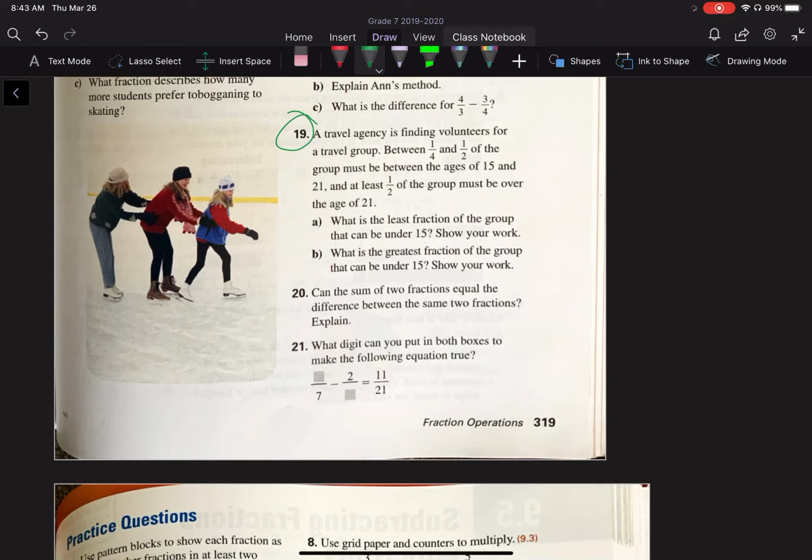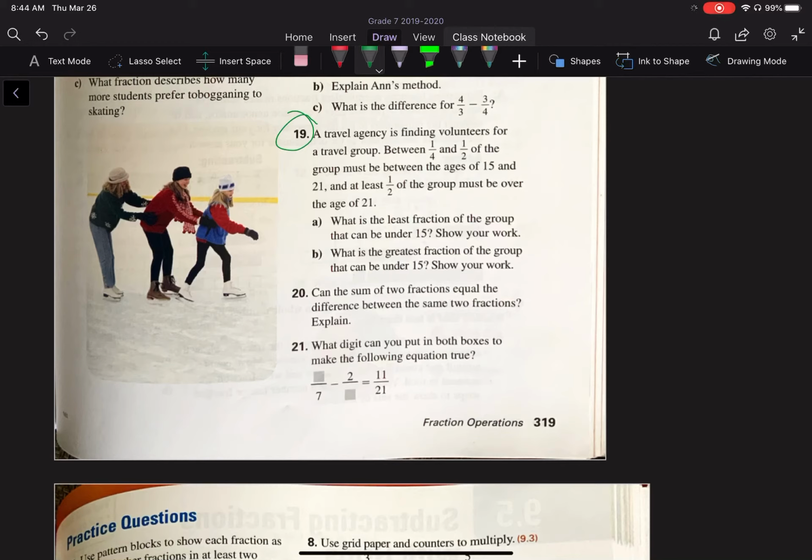Show your work. So if we know that half of the group must be over the age of 21, we know that anyone else is at least a half. They can be more than half, right? But we also know that between a quarter and a half is between the ages of 15 and 21.